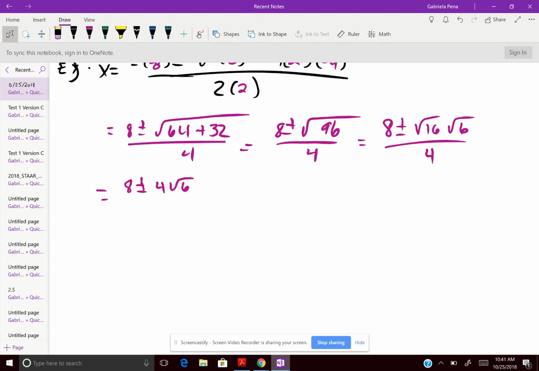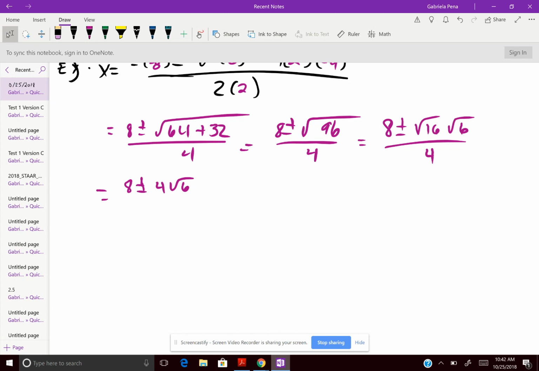All right, questions right there. So, 64 plus 32 is 96. 96 comes from multiplying the square root of 16 and 6. Remember, when there's a square root, you need to pick a number that you can take the square root of. On your test, some of you had the square root of 75, and y'all picked 15 and 5.